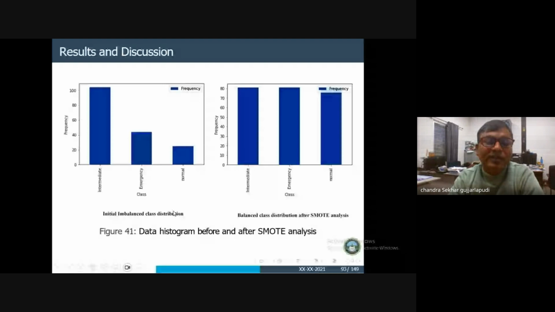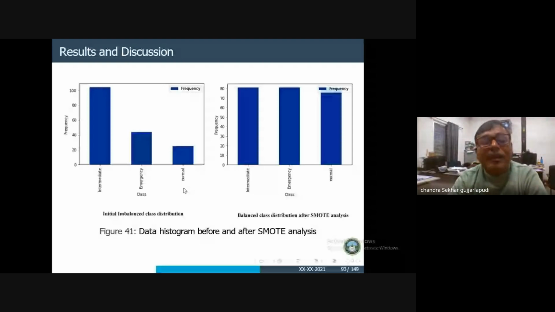And after that, we have done SMOTE analysis. Whatever data we are getting for intermediate, emergency, and normal, that was actually imbalanced data.